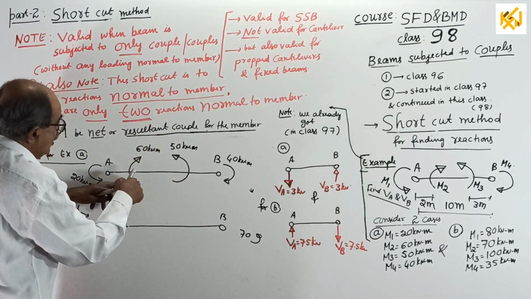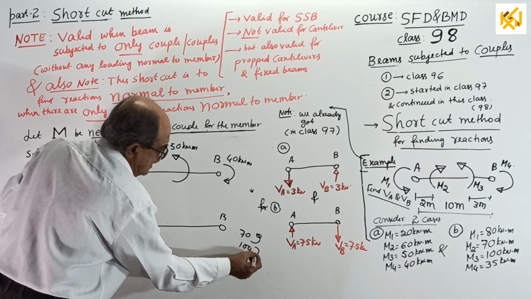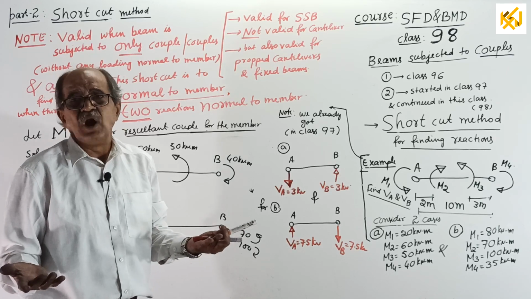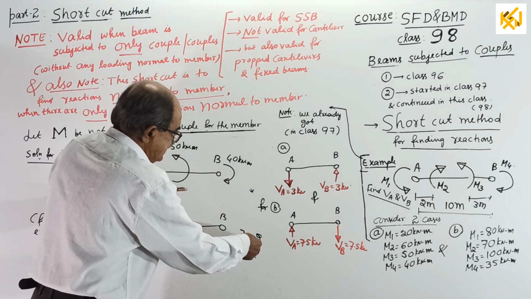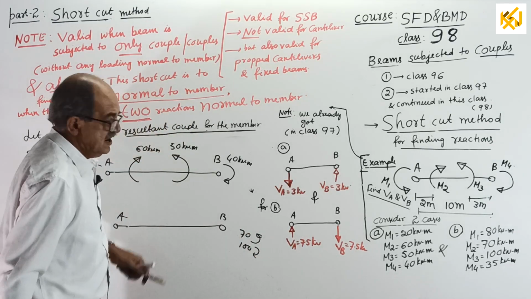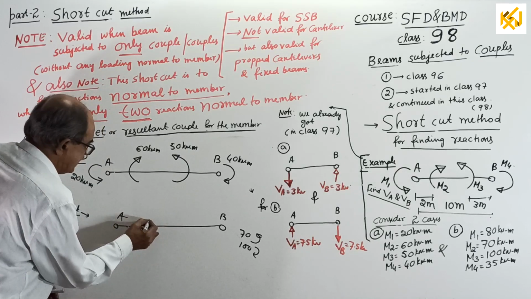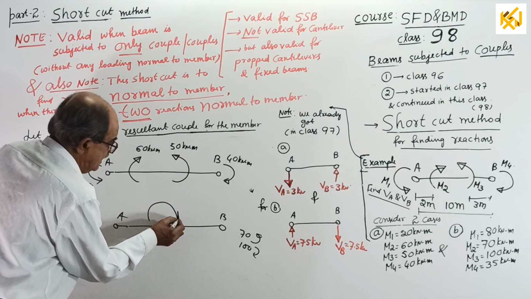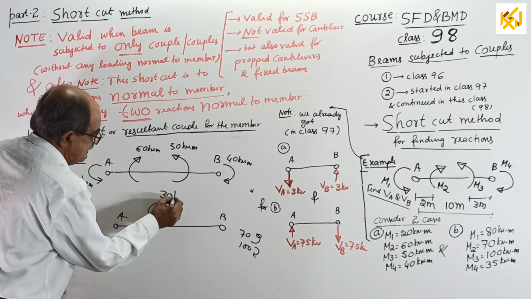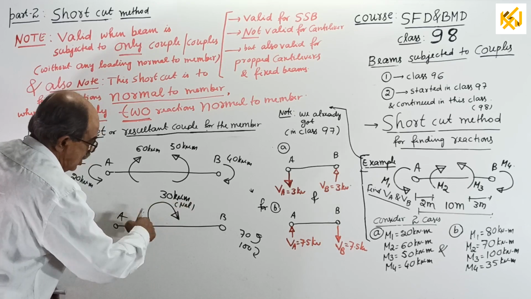And clockwise 60 and clockwise 40 are total clockwise 100. See, if only one couple is there, this much difficulty is not there. Okay, now, anti-clockwise 70, clockwise 100 means, how much? It is 30 clockwise. Therefore, the net couple is 30 kilonewton meter, clockwise, over.